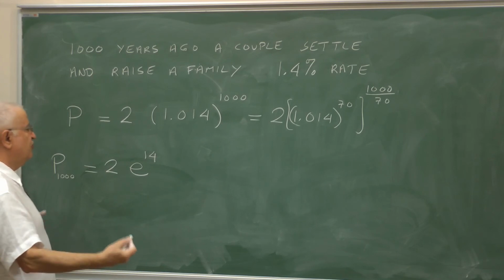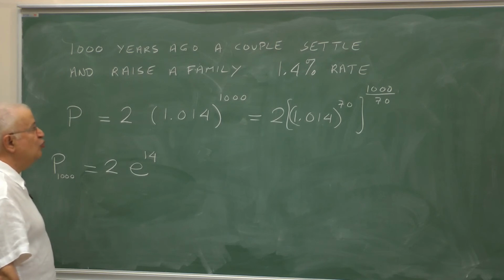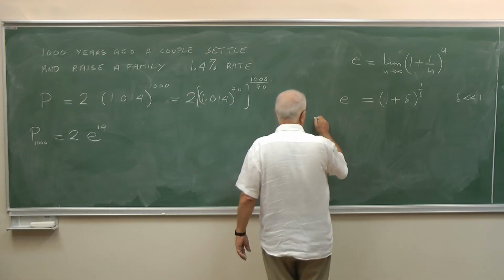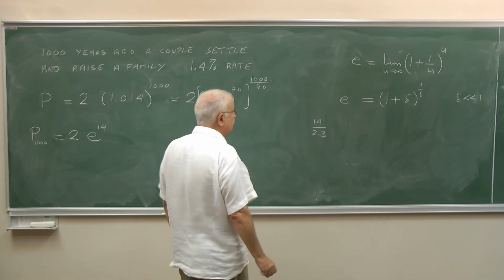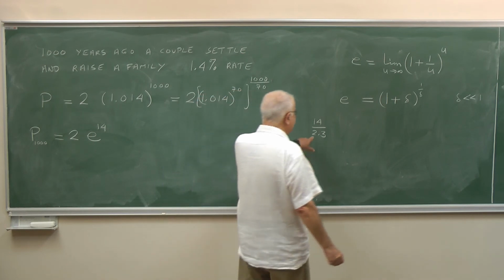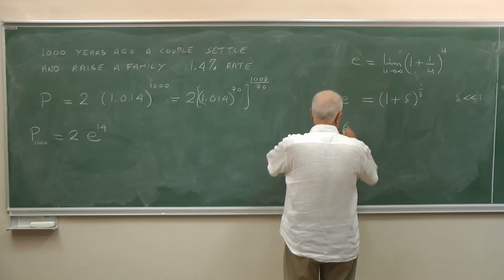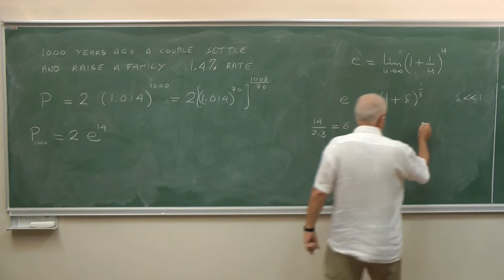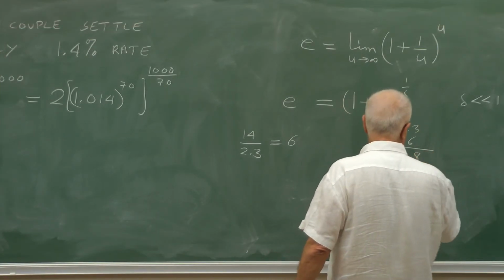e to the 14, how do you evaluate this? Well, we first try to find out how many 2.3s are there in 14. So 14 divided by 2.3. Well, how about 6? Well, there is 6 and change, because 6 times 2.3 is 13.8.